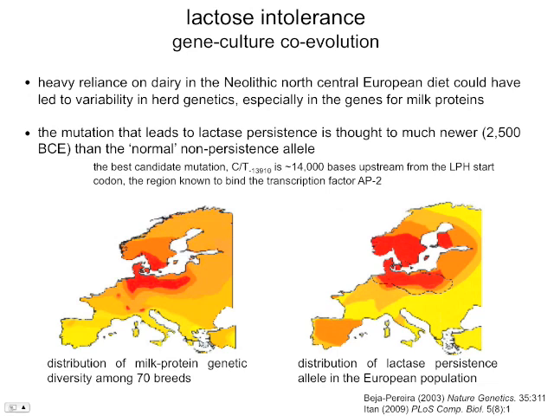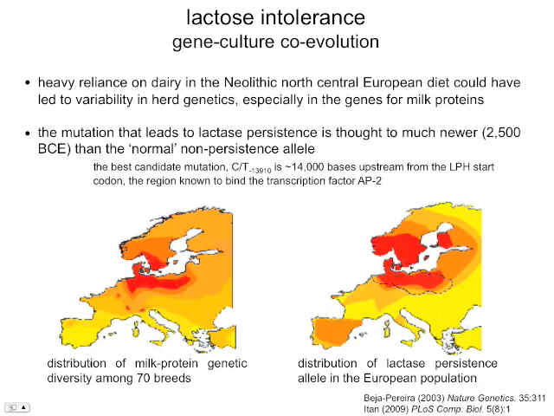So the conclusion they made is that the mutation that leads to lactase persistence is much newer than the normal non-persistence allele. I'm putting normal in quotes, because anytime you discuss what's genetically normal and what's abnormal, that's a very sticky topic. But it's fair to say that non-persistence is more common across the human population, and lactase persistence is less common, although quite common in Northern Europe and now in the United States.